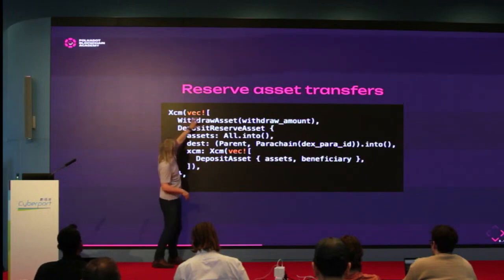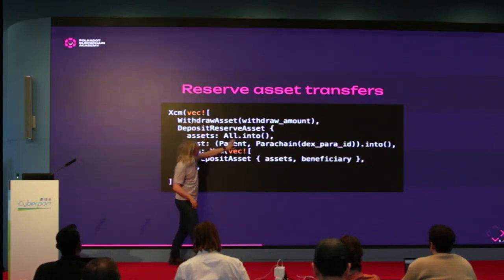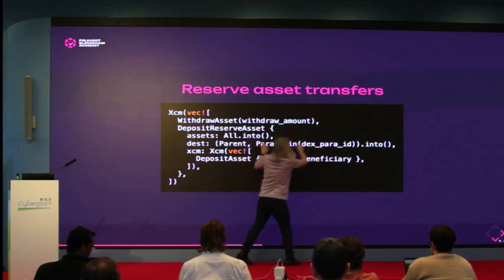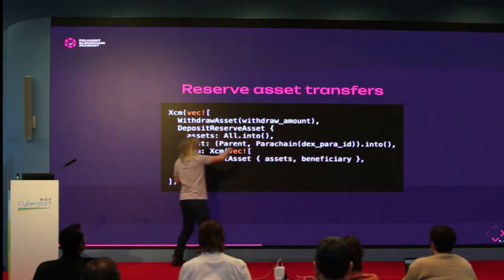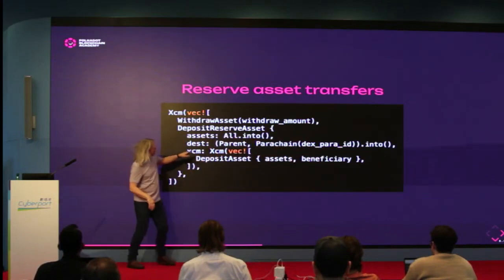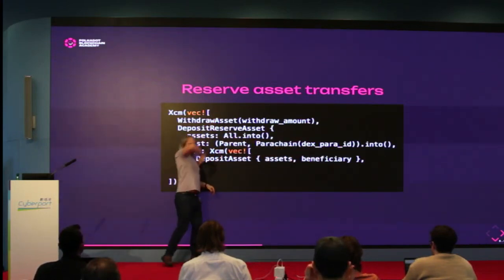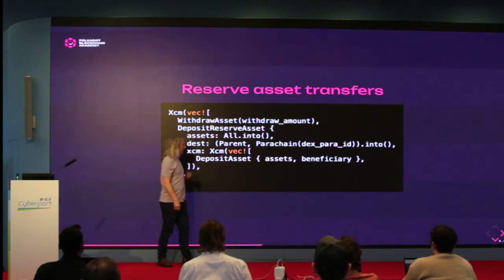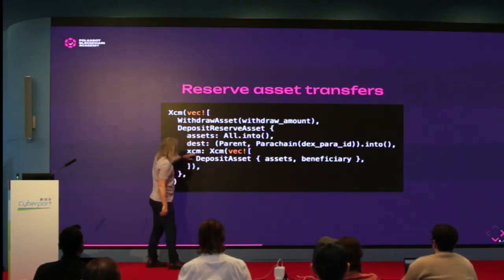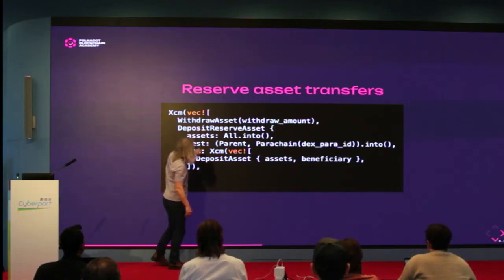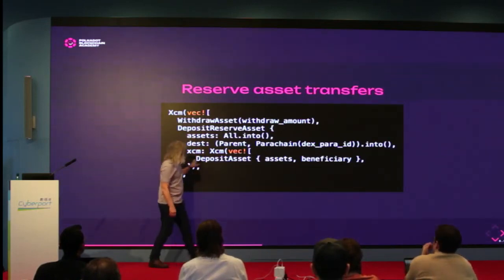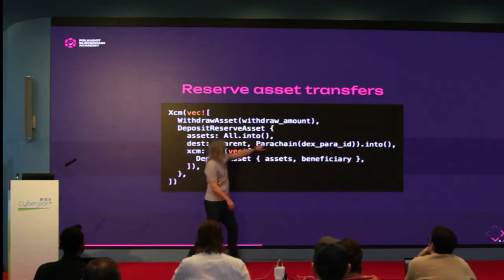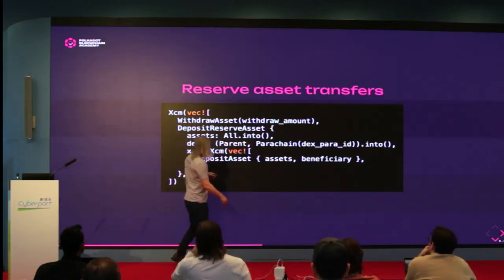Well, very simple. We're withdrawing the asset, depositing it into the sovereign account of this parachain, the DEX parachain, which is a sibling because we're going up a step first to our shared parent, and then down into the parachain. And then we're having ourselves send a message onwards to this parachain, saying, right, great.